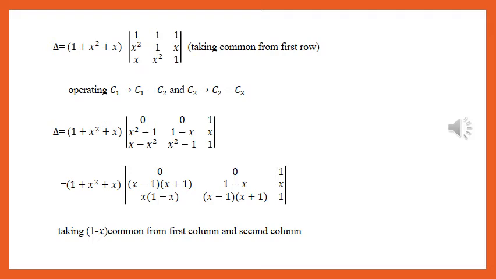Now when we observe the first column, x − 1 or 1 − x is common. Let's take 1 − x, the reason being we need the answer (1 − x³) the whole square. So let's take 1 − x common from column 1 and also 1 − x common from column 2. So outside you will be having (1 − x)(1 − x) as common factors.